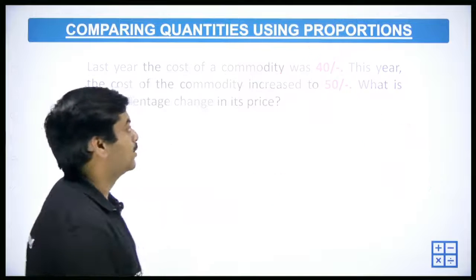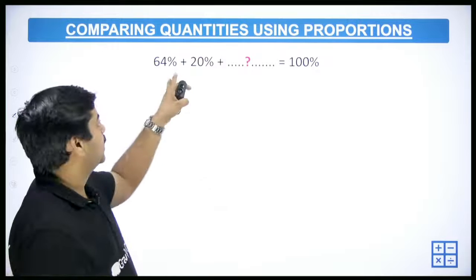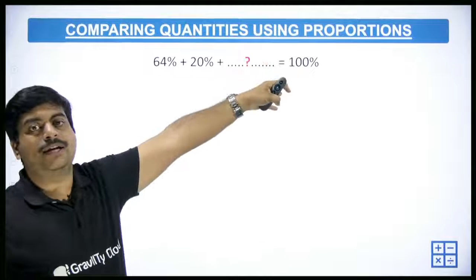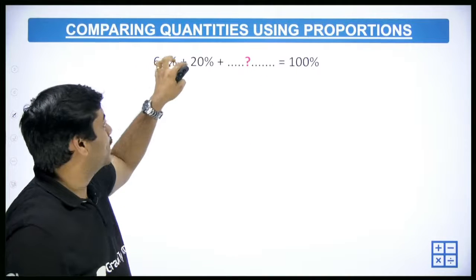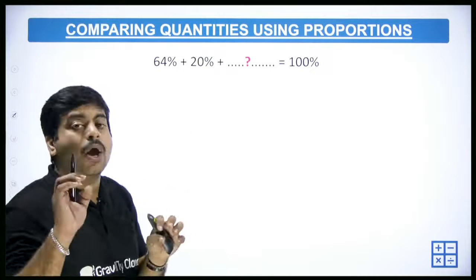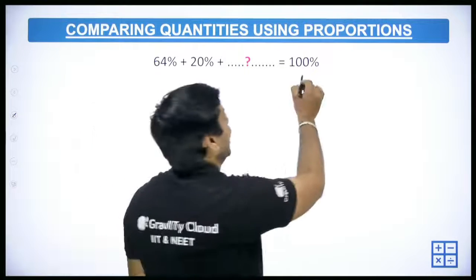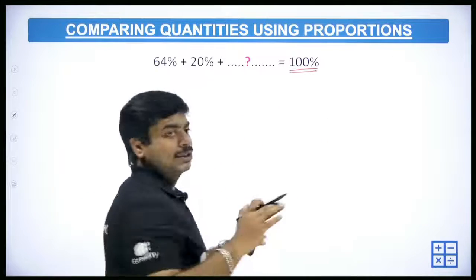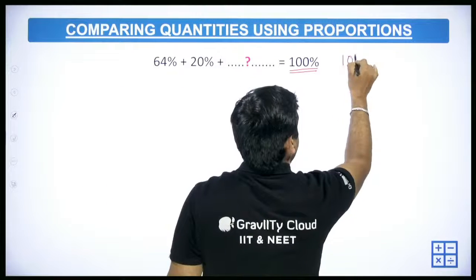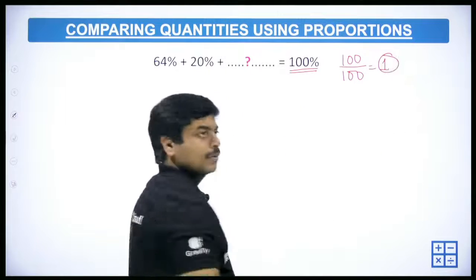So let's try to move forward. Here we have a small question. 64% plus 20% plus some percentage is equal to 100%. 64 plus 20 plus some X percentage should be equal to 100%. When I say per 100, 100 percentage means the complete. 100 by 100 is equal to 1, and 1 means a complete set.